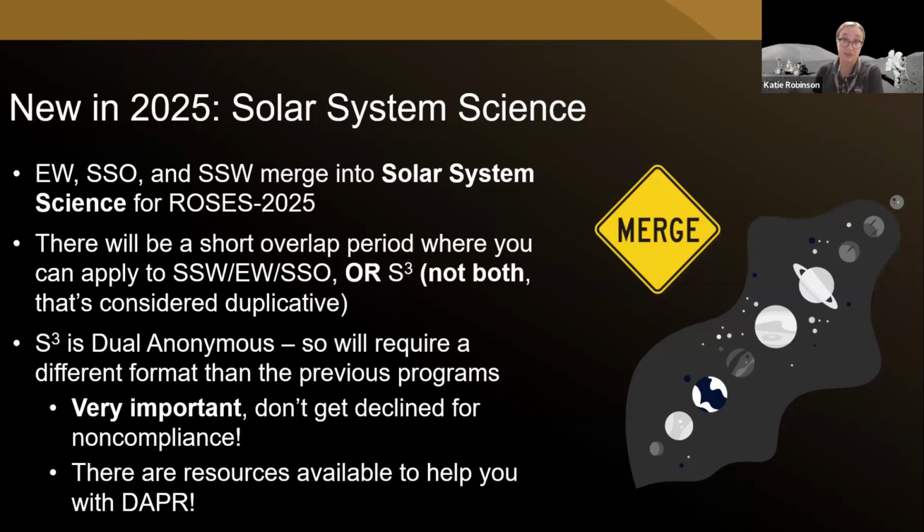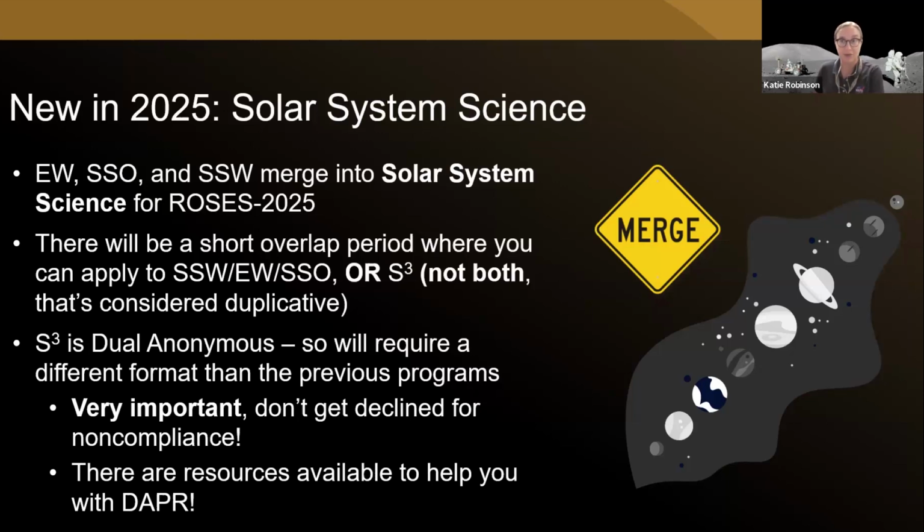Some of the major changes that are coming in 2025 with S cubed is that S cubed is dual anonymous. This means that when the panel is evaluating your proposal, they will not be aware of the proposer's name or institution. I'll talk a little bit more about DAPR later.